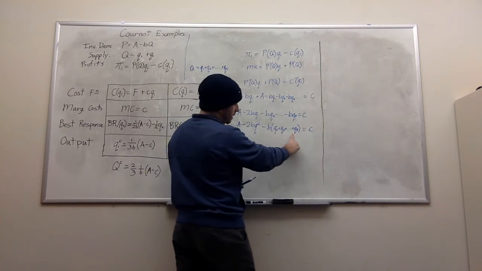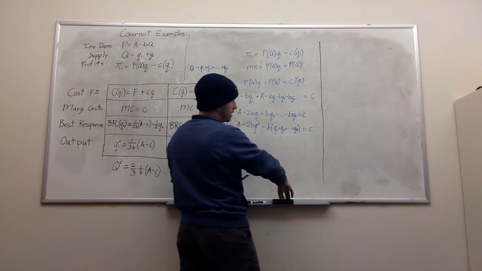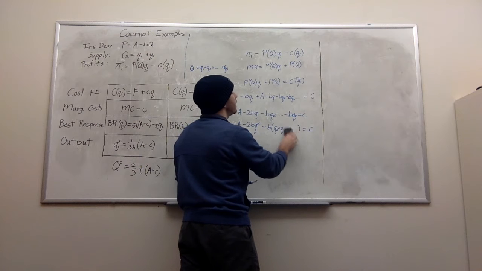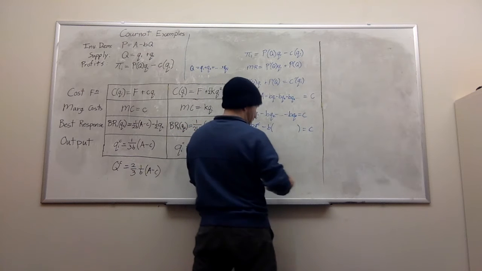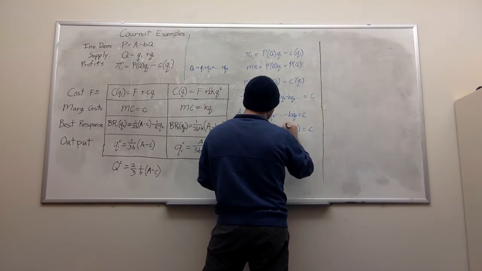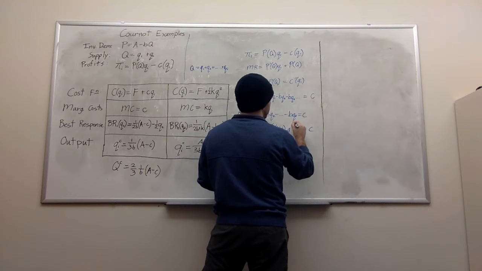Right, but if all of these are the same, QC, and this is from 2 to n, then that is just n minus 1 times QC.